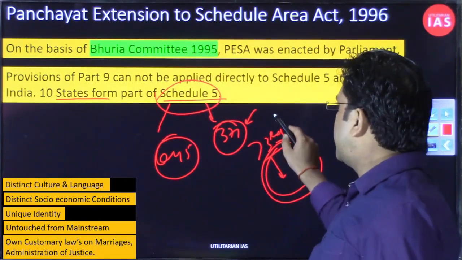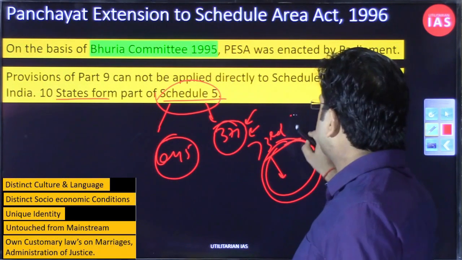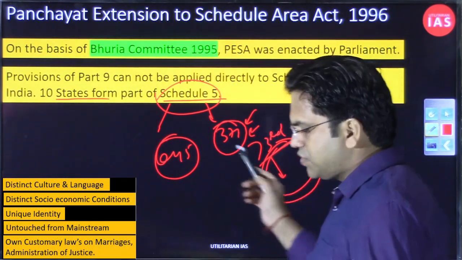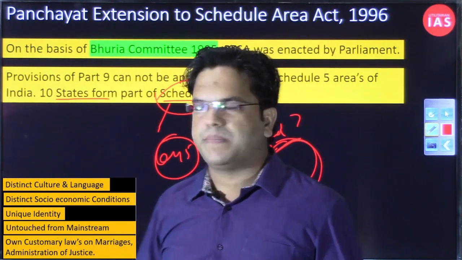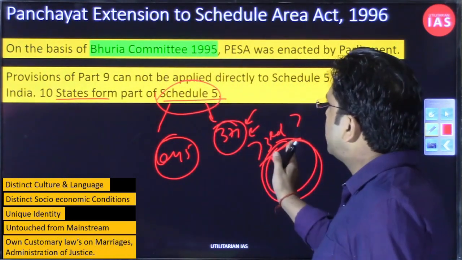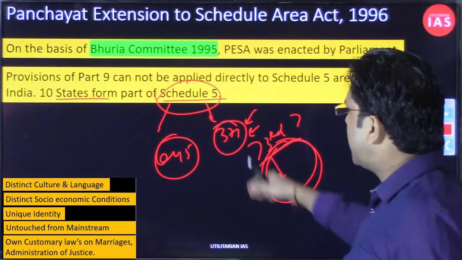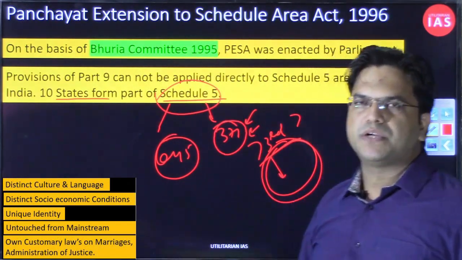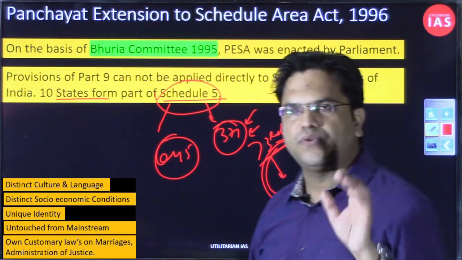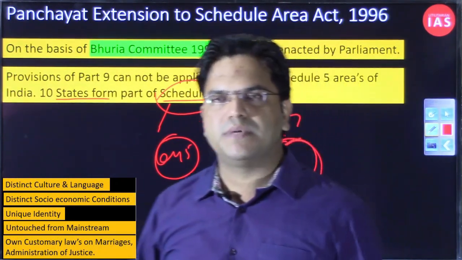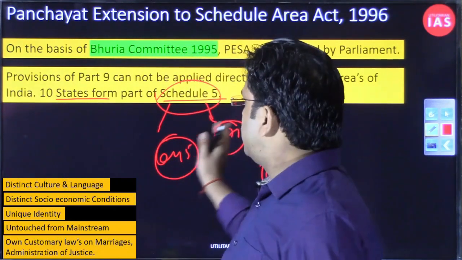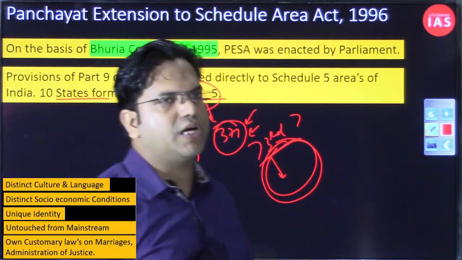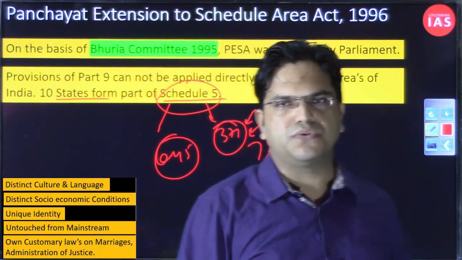The general application of the provisions of the 73rd Constitutional Amendment cannot be applied as such. That's why these provisions will have to be modified, and then only can they be applied. You cannot subject tribal community people to the same provisions that we have in the 73rd Constitutional Amendment.